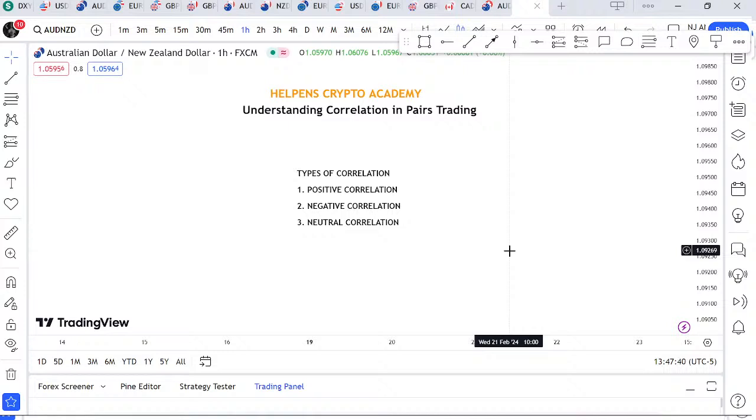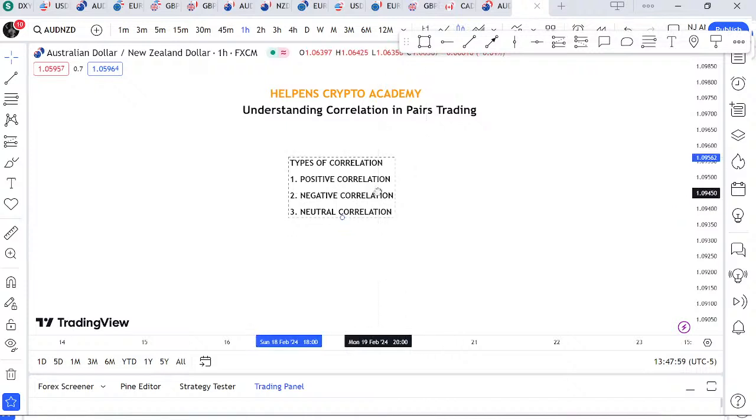When, for example, USD JPY and CAD JPY move in the opposite direction, they are said to be negatively correlated.